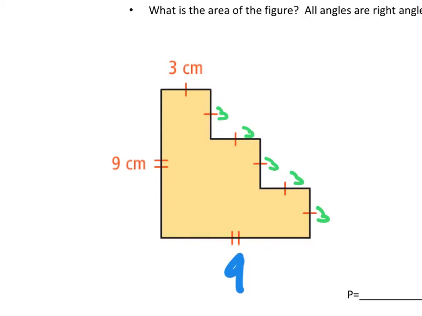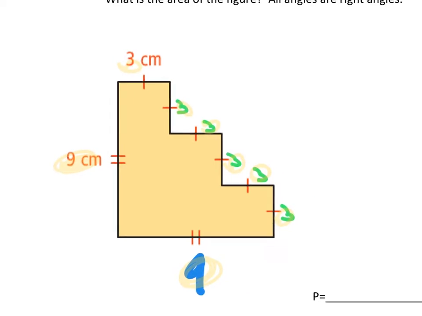So now all we have to do is go through and add up every single one of these numbers. What I mean by that is add up the 9 and this 9 and all these 3s, and that will tell us our perimeter.